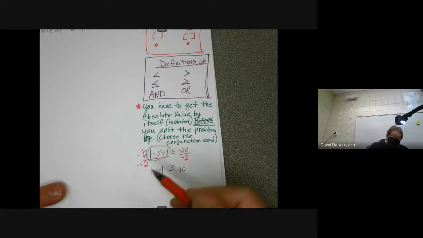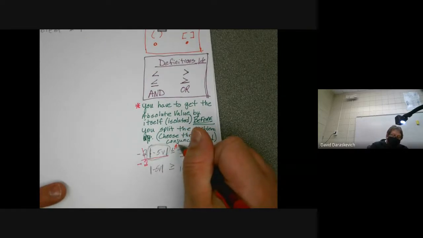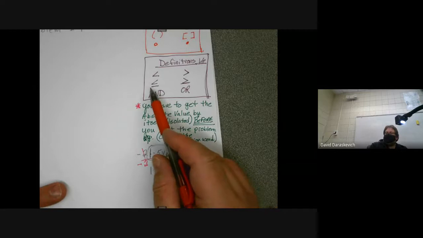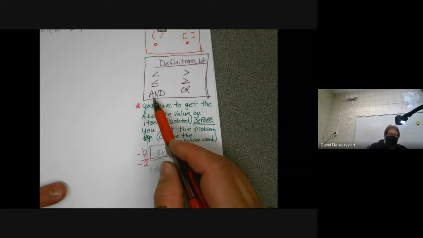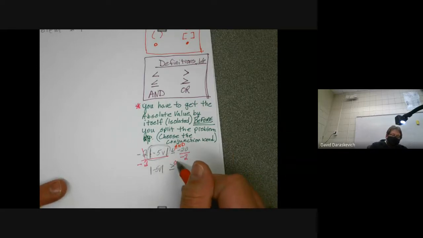If I didn't get the absolute value by itself, I would have started and made it an and problem because it's less than or equal to. Less than or equal to is an and problem. But I went ahead and switched it because I divided by that negative number. This became an or problem.